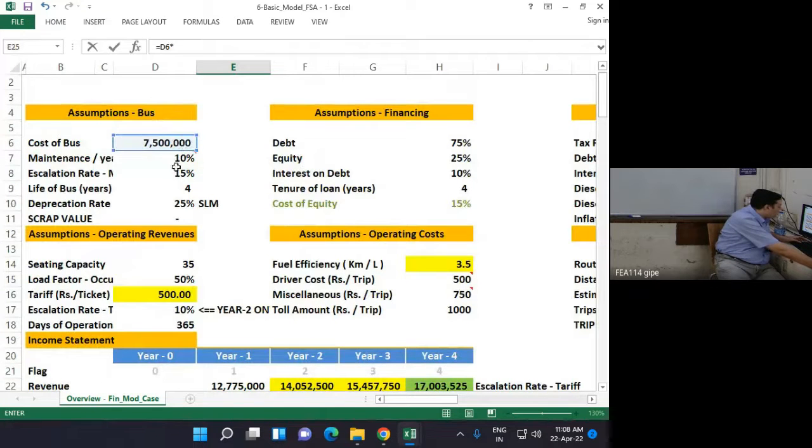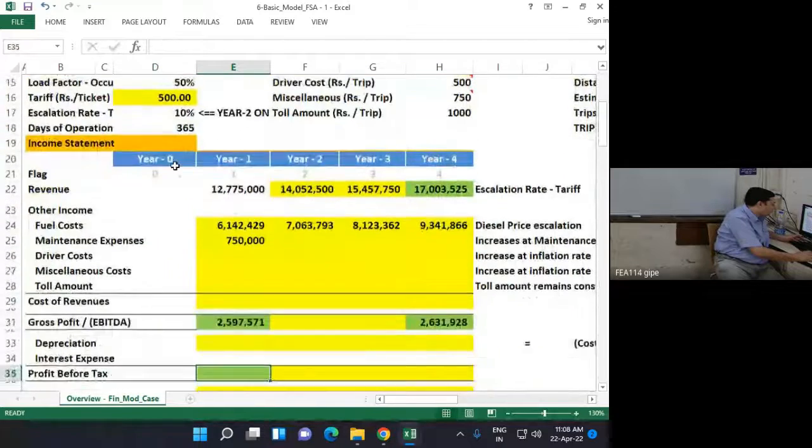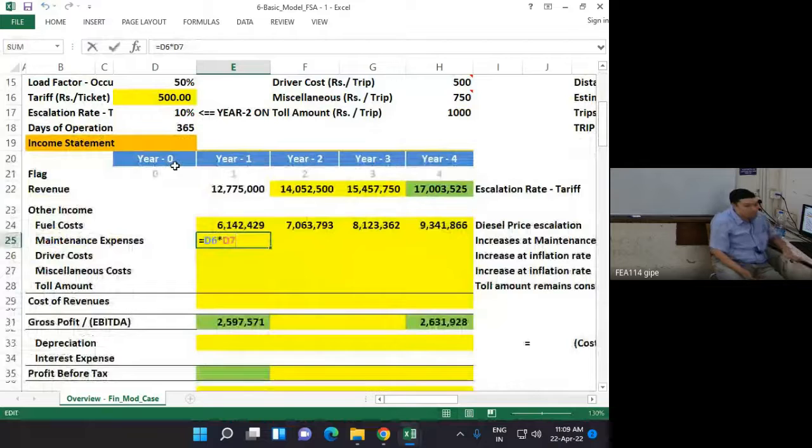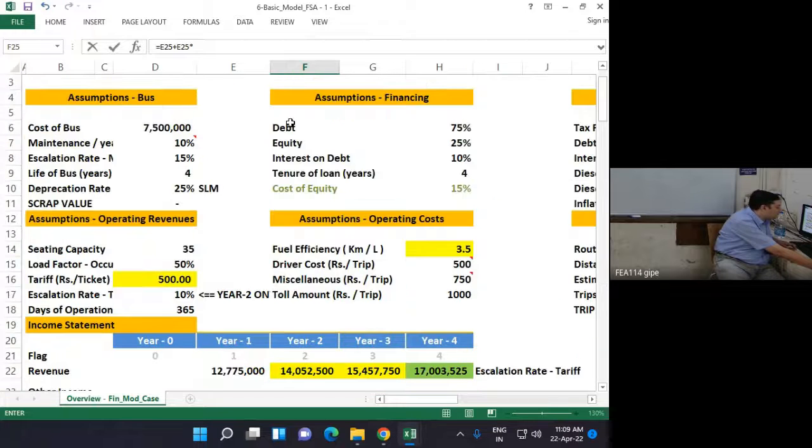Maintenance cost is 10% of the bus, and that is expected to increase at a maintenance escalation rate of 5%.